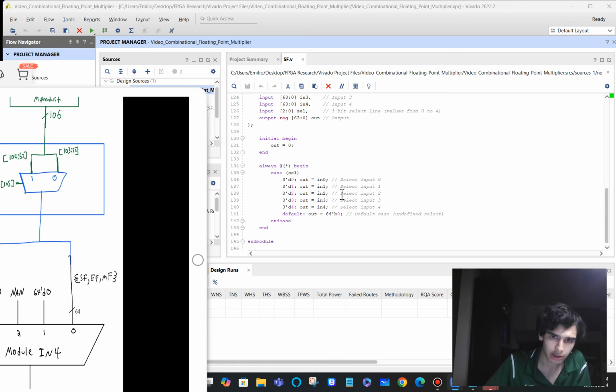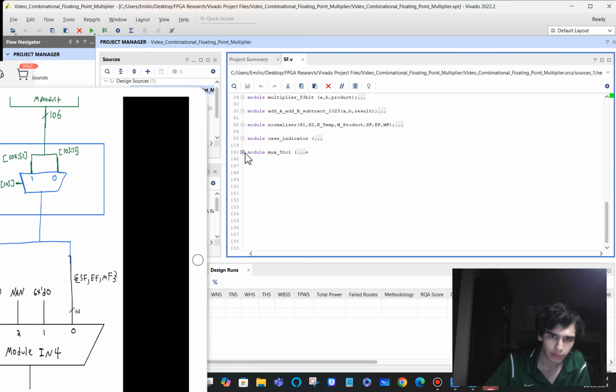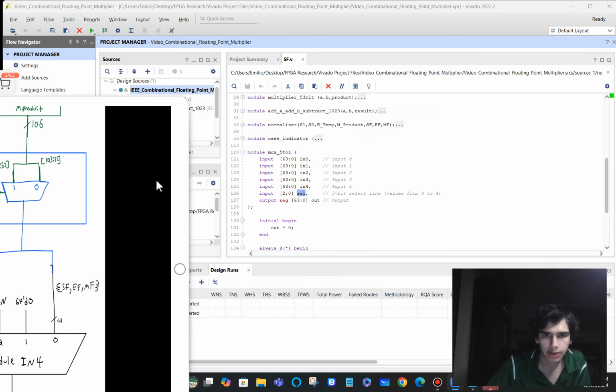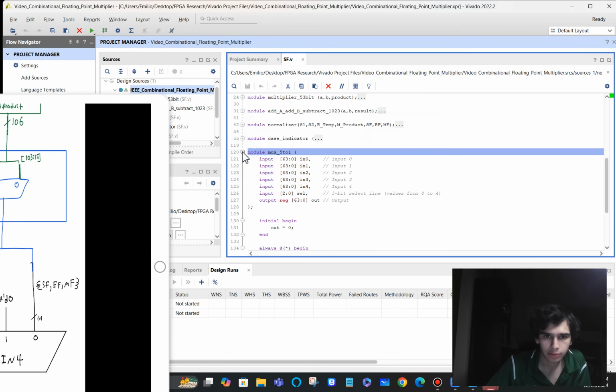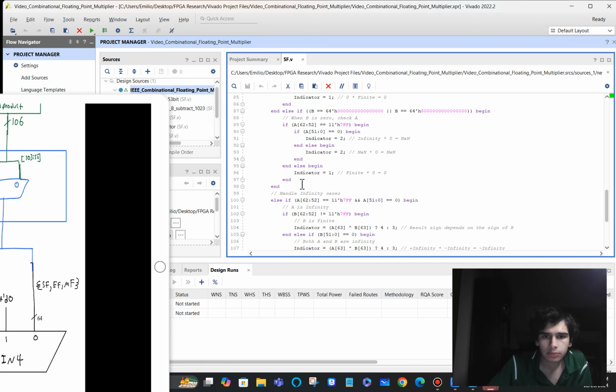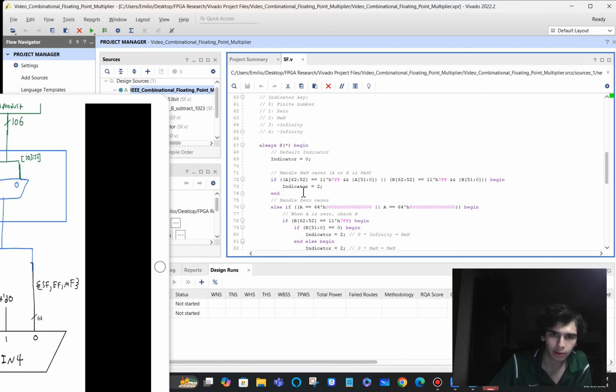And then we select between them all. The select comes from module IN3, which is the case indicator module, and all it is is a huge combinational block going over all of the cases.